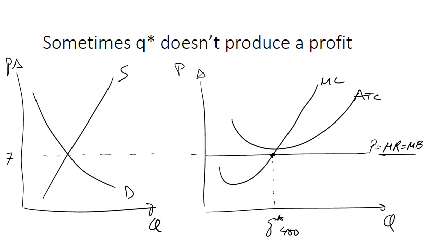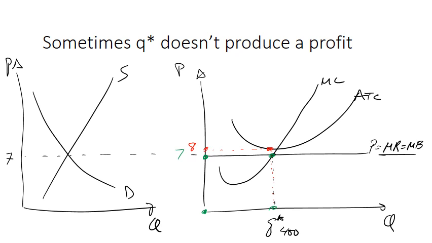400 units selling at $7 a pop is going to generate your total revenue. That green box there, height is the price, the width is the quantity, the area of that green box is your total revenue. In order to make that 400 units though, it's going to cost you something. You plug 400 units into the average total cost, and it will tell you that it is going to actually cost you $8 on average for those units.